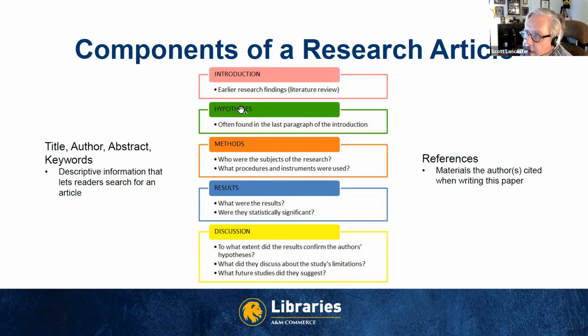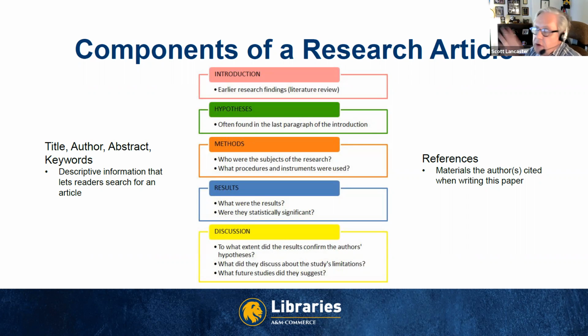The introduction will lay the groundwork for what the study is about, what the research project was that the article deals with. And it will usually complete with the hypothesis.